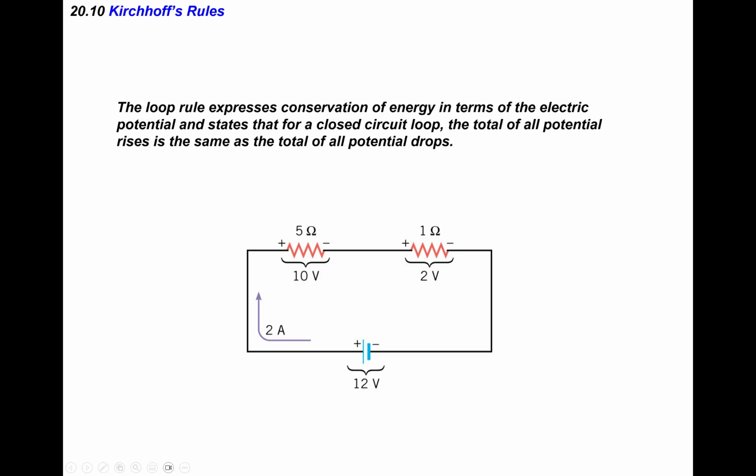So the loop rule expresses conservation of energy in terms of the electric potential and states that for a closed circuit loop, the total of all potential rises is the same as the total of all potential drops. So for a power supply, you have a rise, and then for a resistor, you have a drop, okay?